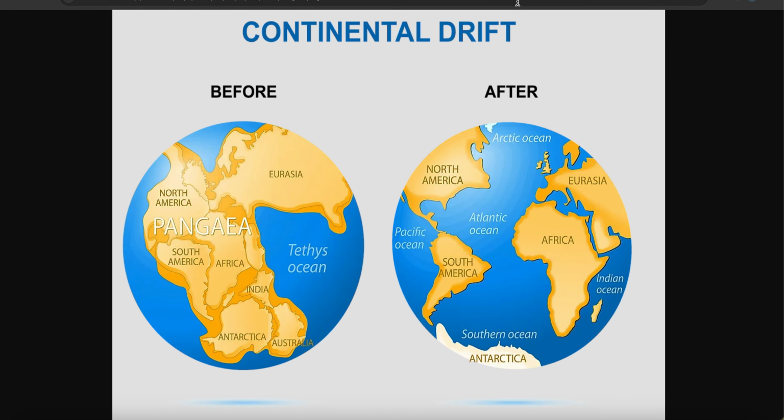And this comparison map shows you a timeline, a before and after essentially. When we're looking at this before picture, it has the word Pangea here. That is a name that is agreed upon in science for a supercontinent that existed about 300 million years ago, based on the fossil record.